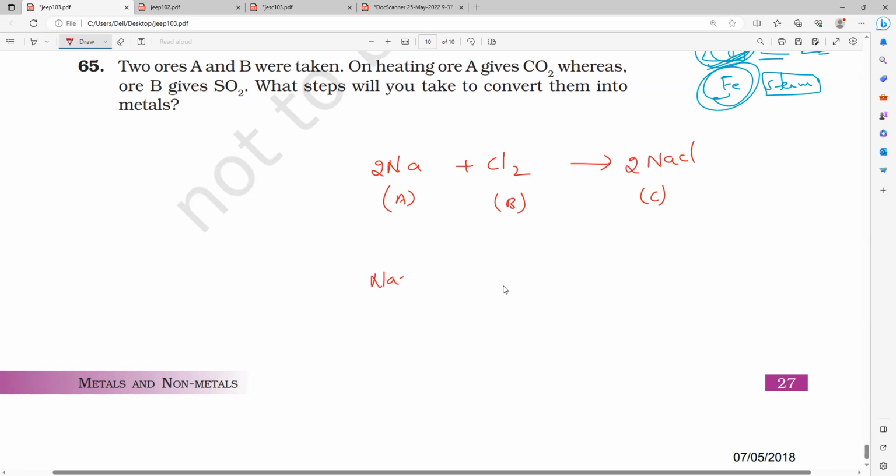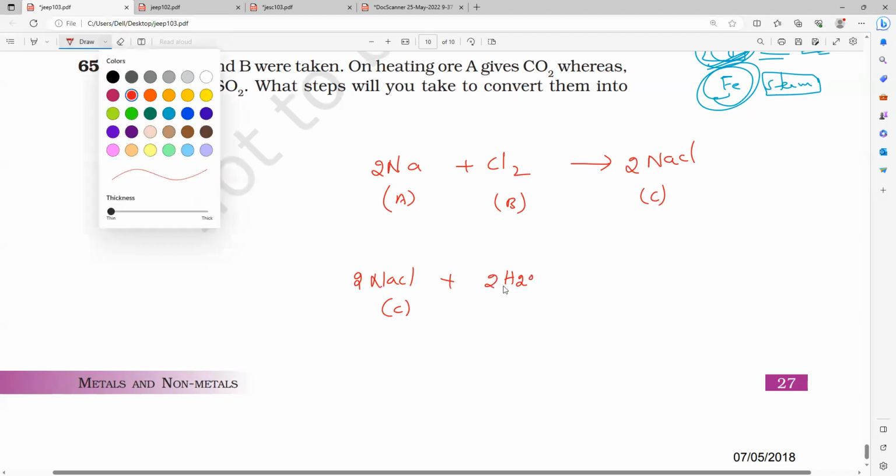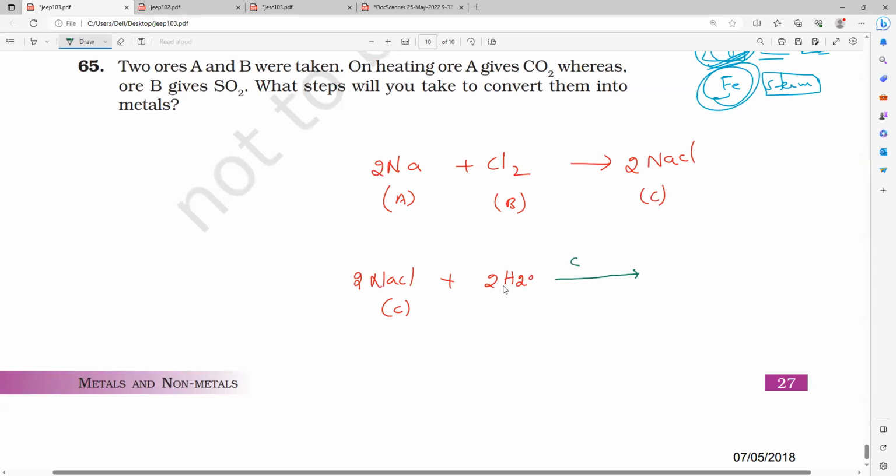Next, 2 NaCl, that is C, reacting with water in the aqueous state, undergoes electrolysis. This is the process we call the chlor-alkali process, one of the most important processes for production of caustic soda. Caustic soda means what, everybody? NaOH. So we will get D.